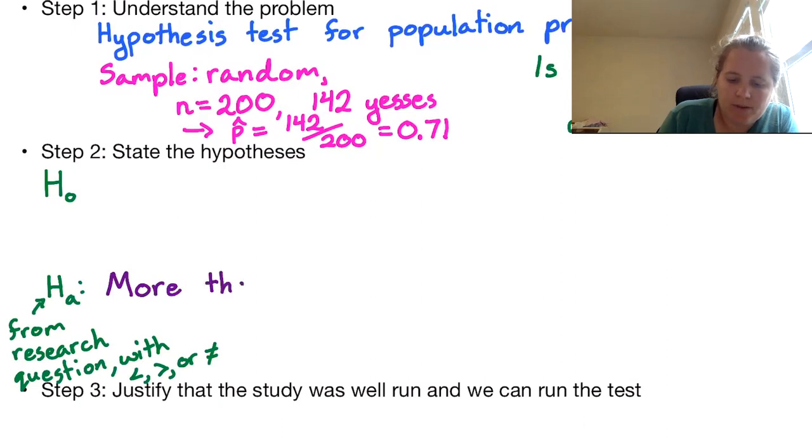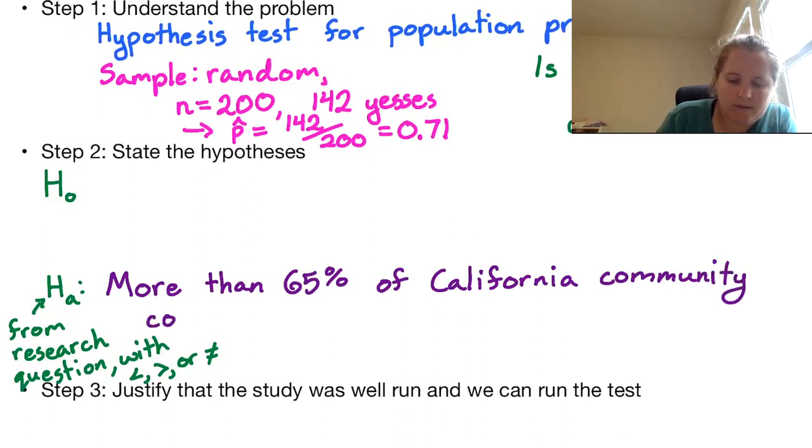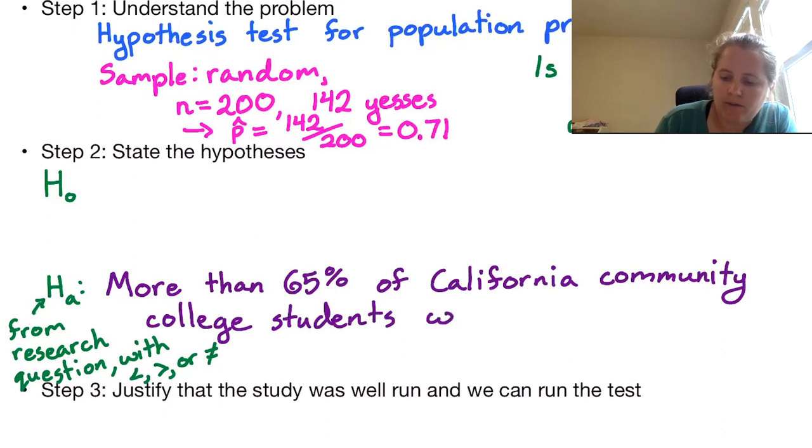So more than 65% of California community college students work while in school.